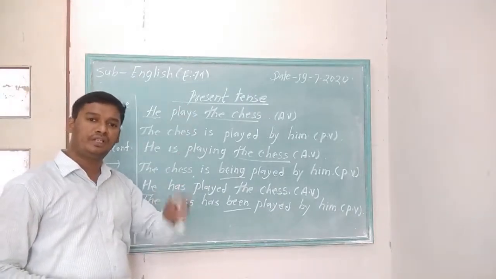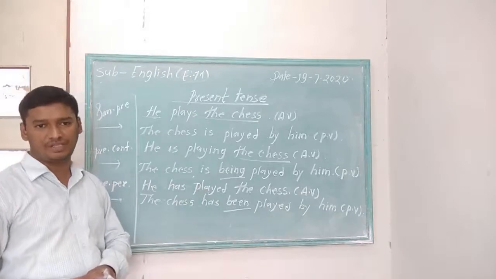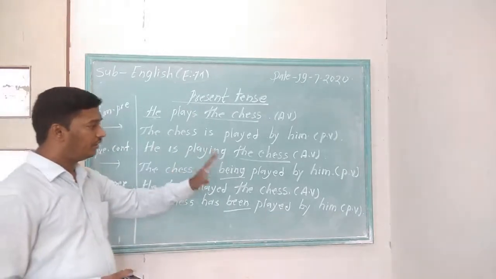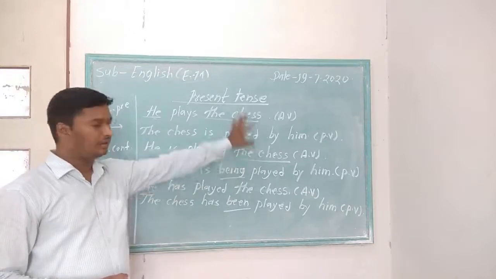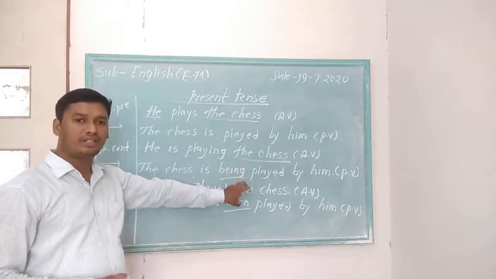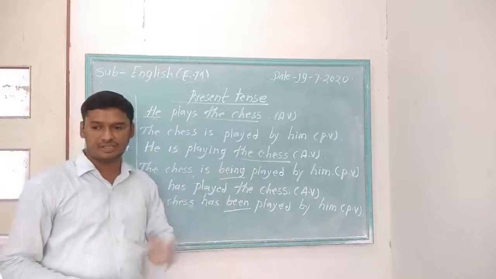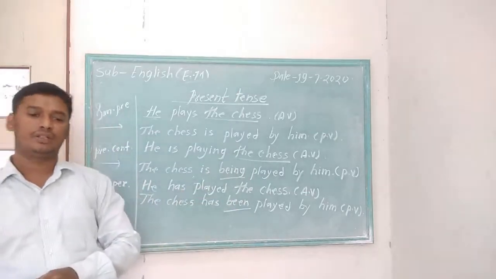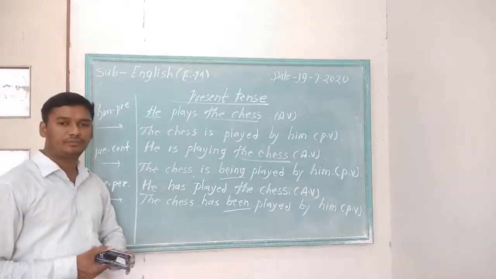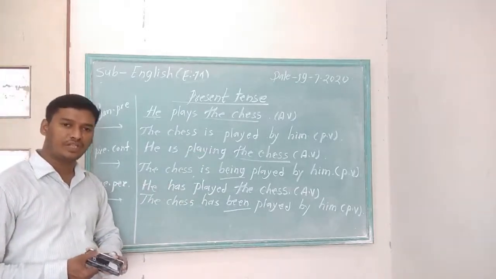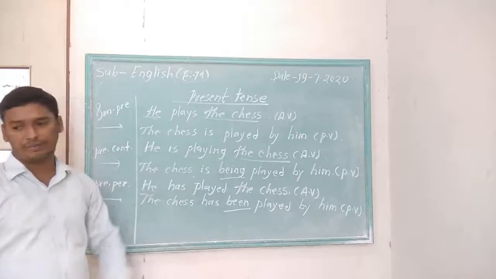Present perfect continuous cannot be changed into passive voice. So just three subkinds in present tense can be changed into passive voice. Now write these three examples. Then I take past tense. In this way, we shall take all tenses for converting into passive voice. Take these three examples fast.